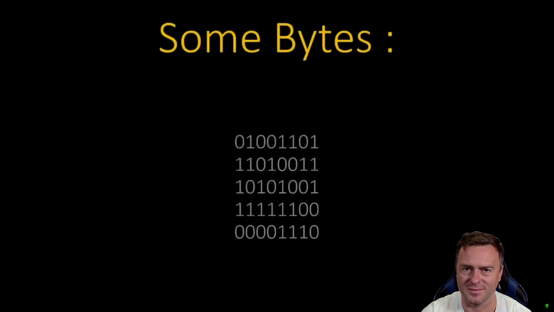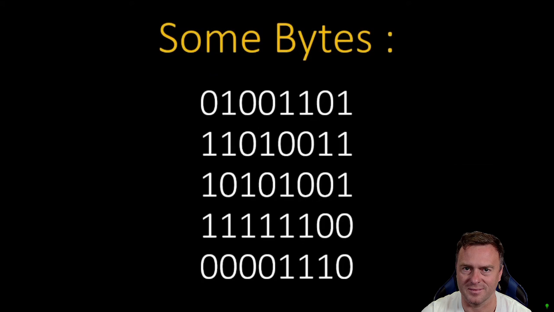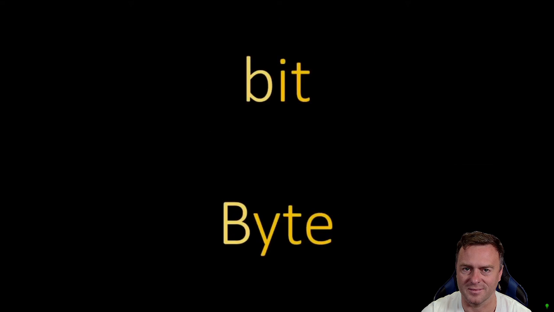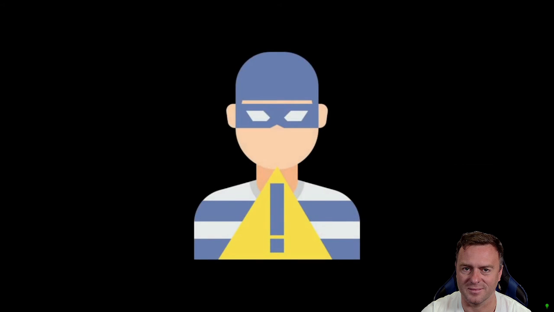To differentiate between a bit and a byte when typing, we commonly use a small b for bit and a capital B for byte. There is a common ploy often used by some internet service providers. They write in their announcement the speed of internet they provide in bits instead of bytes.